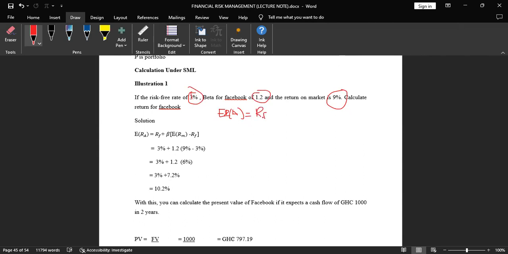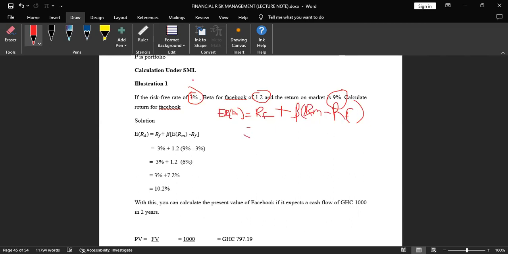Risk-free plus beta times market return minus risk-free. I always say that to solve a question, the first thing you have to be able to do is identify the information in the question.